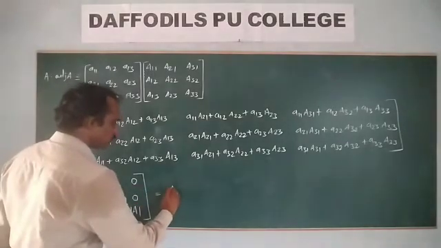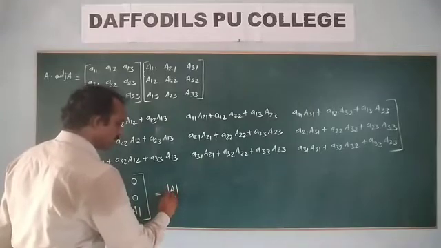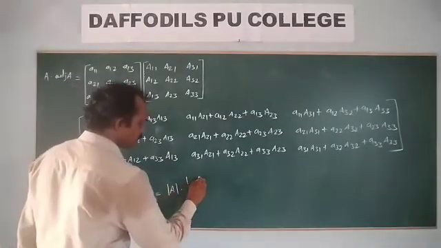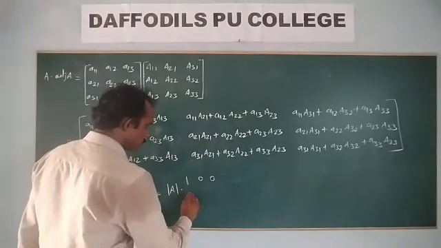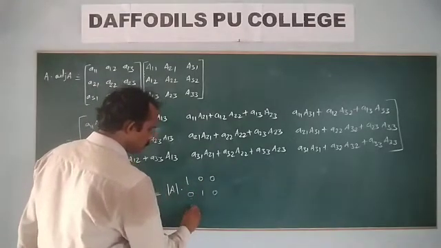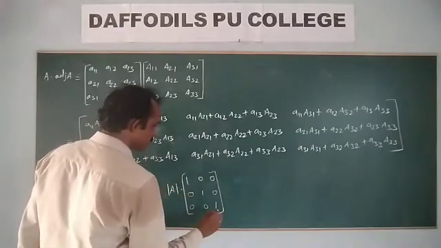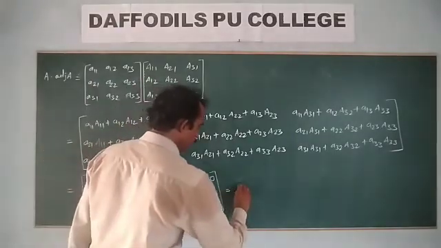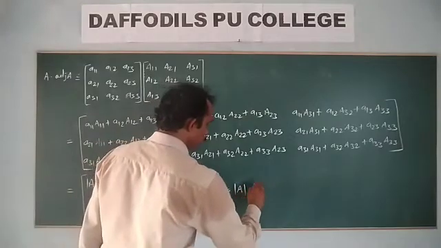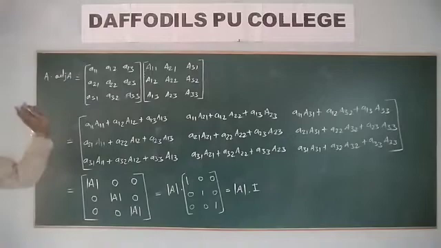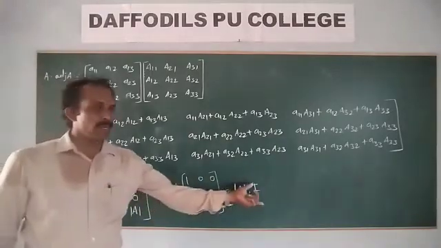This is equal to det A into, after taking common, the remaining elements 1 0 0, 0 1 0, 0 0 1. So what is this value? Identity matrix or unit matrix. Therefore det A into I. So we show A into adjoint A is equal to det A into I.